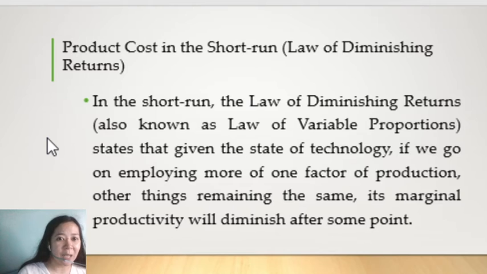Meaning to say, this talks about the quality of the input that is being used for production. As time passes by, efficiency is established, but there will come a time that this efficiency will decline. That is what we mean by diminishing returns after some point.